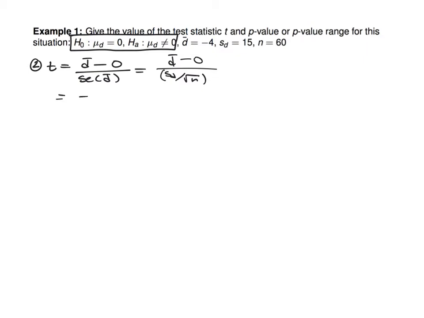So that is negative 4 minus 0 over 15 over root 60. Well, this comes out to be about negative 2.066, which we're going to round to about negative 2.07.